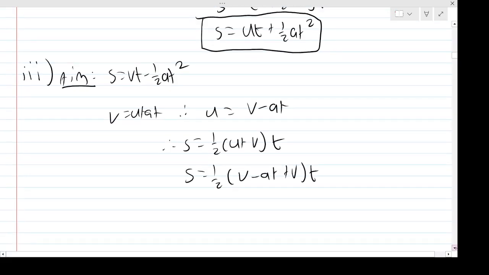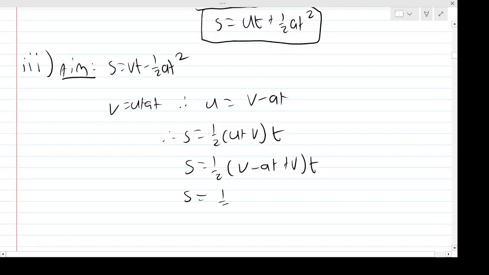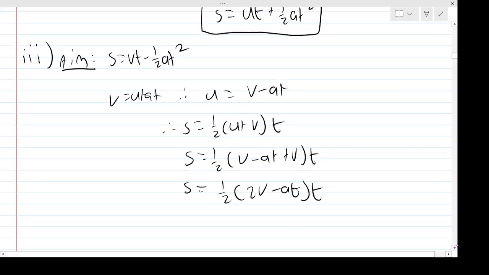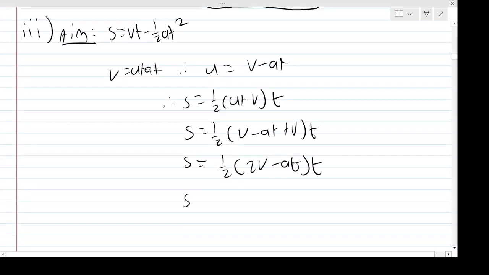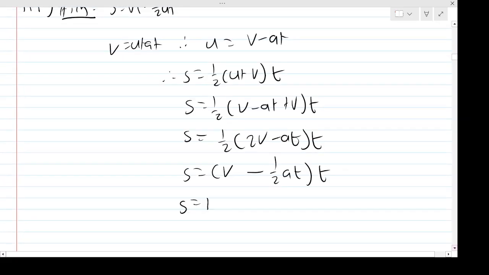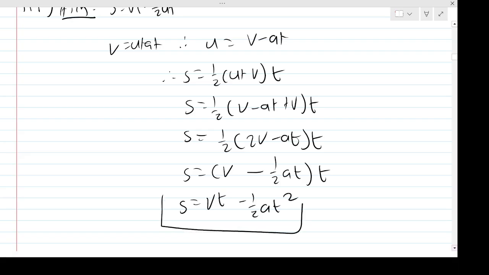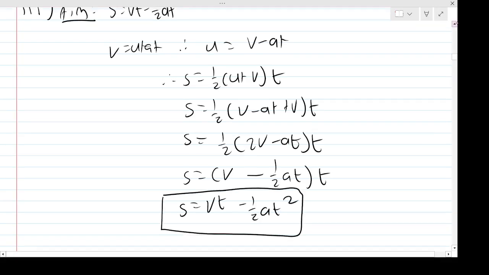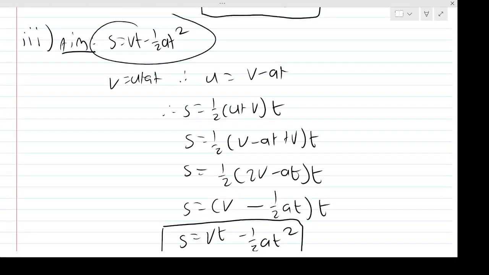Then if I clean up inside the bracket, that's going to be half of 2v take away at, times t. Then if I times by half first, 2v times a half is just v, and then take away a half lots of at, times by t. Lastly, if I times it out by t, I'll get vt take away a half at squared. And I reckon that's the equation I needed to end up with. And so there we are.